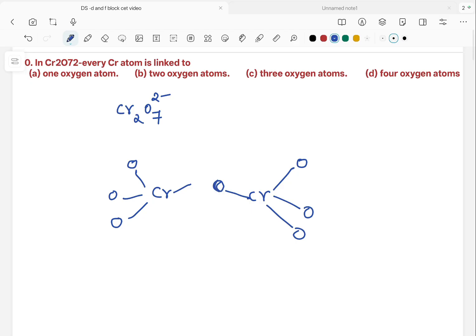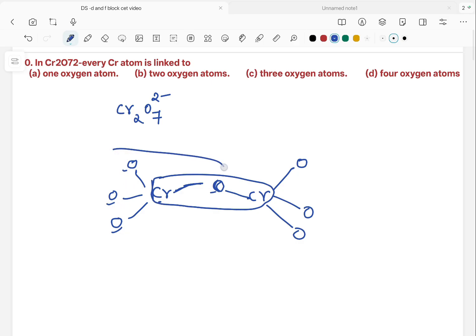Here both the chromium atoms will link with each other by this oxygen at the apex, meaning Cr-O-Cr bond, they get linked. Here every chromium atom is linked to, look at this. This is one chromium, 1, 2, 3, 4.